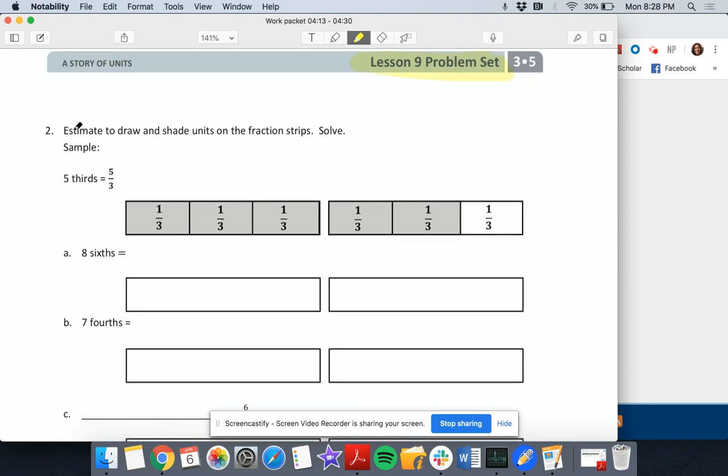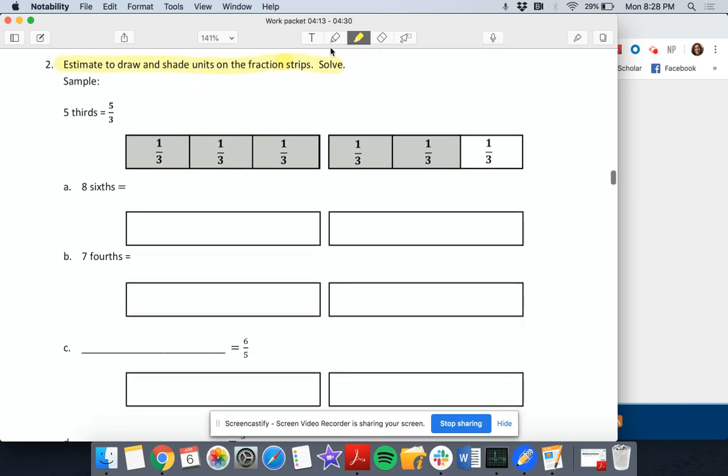So question 2 asks us to estimate, to draw and shade units on the fraction strip, and then solve it. So we did these types of problems a few days ago, where we first divide up this tape diagram strip or this fraction strip, and then we shade. So for this 5/3, thirds tells us that our denominator is going to be 3, and the amount shaded will be 5.